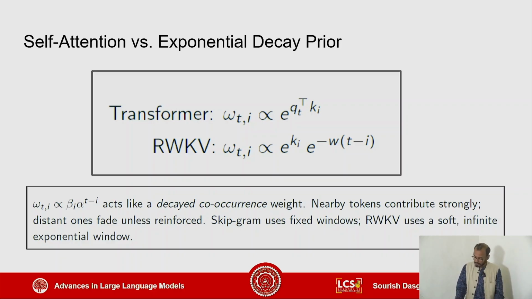And nearby tokens contribute strongly. Distant ones fade unless reinforced. Now, unless reinforced means what? Where xt, maybe a new xt comes in and again introduces that information back into that memory, right? So unless that happens, it's going to fade.